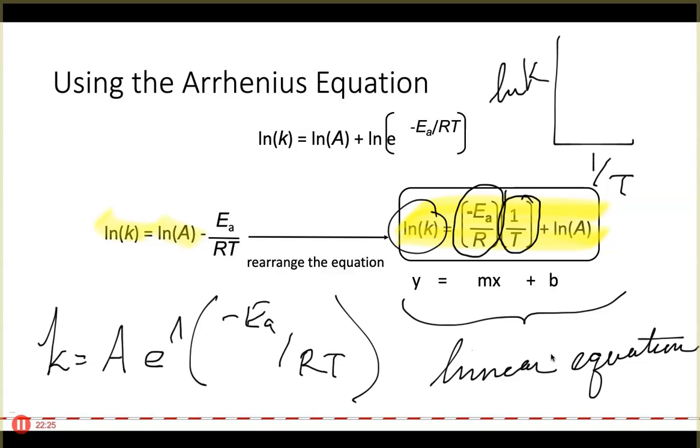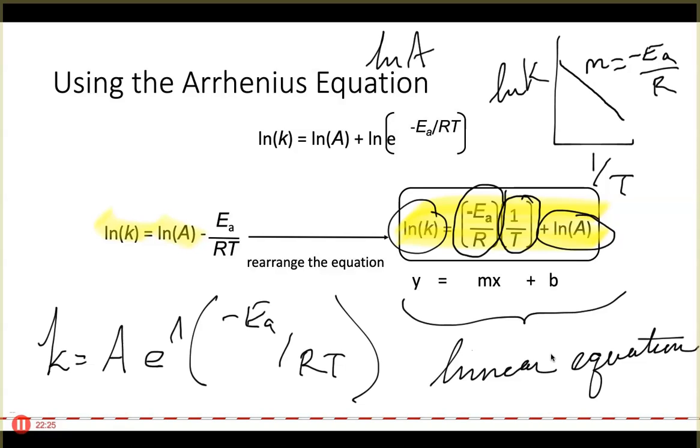I'm trying to draw a straight line. There we go. So my slope equals negative Ea over R. And then the last bit is the collisional frequency factor, which is actually going to be here, so the ln of the collisional frequency factor. One thing we need to pay attention to, let me erase that and make it a little bit more clear.